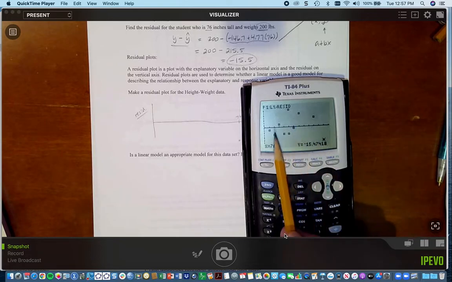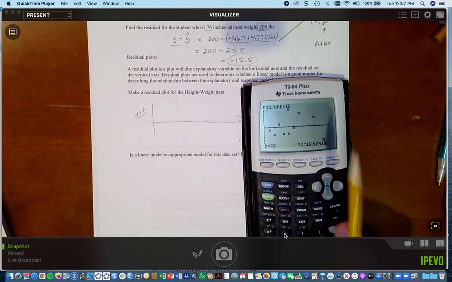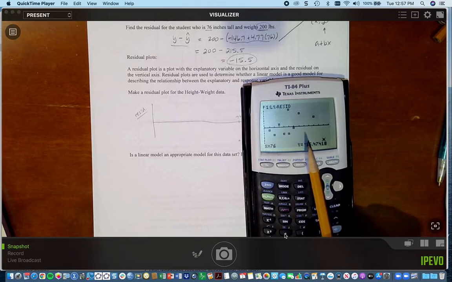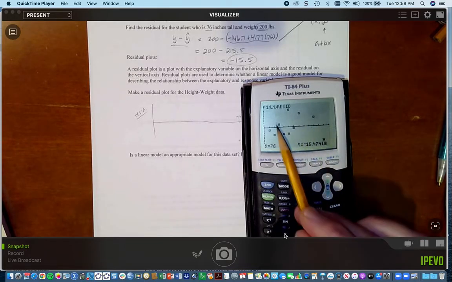And so what we can do with a residual plot is tell whether or not a linear model is appropriate. The more random scatter of points I see here is going to tell me the linear model is appropriate. The kinds of patterns that I'm talking about would be something like a parabola.